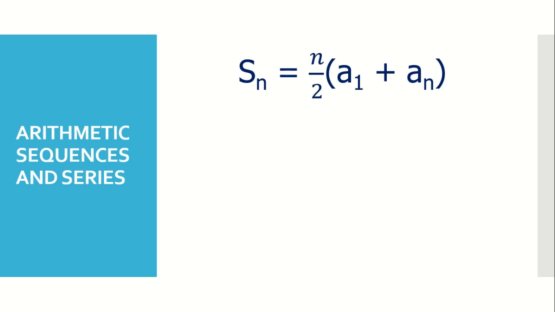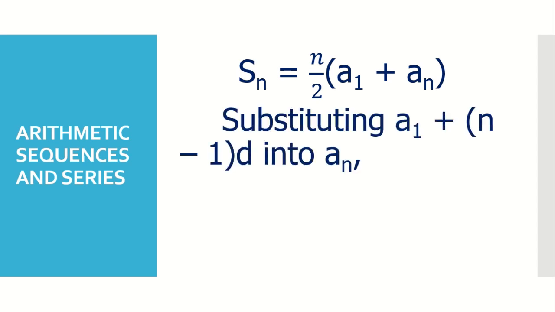Using this obtained formula, S sub n equal to n over 2 times the quantity a sub 1 plus a sub n, to take another formula in finding the sum of the terms of a given arithmetic sequence, substitute a sub 1 plus n minus 1 times d into a sub n.